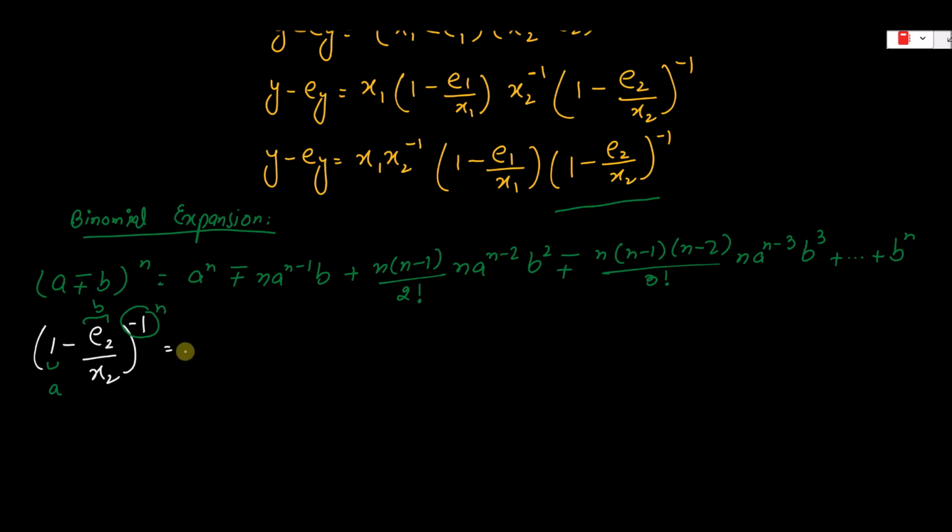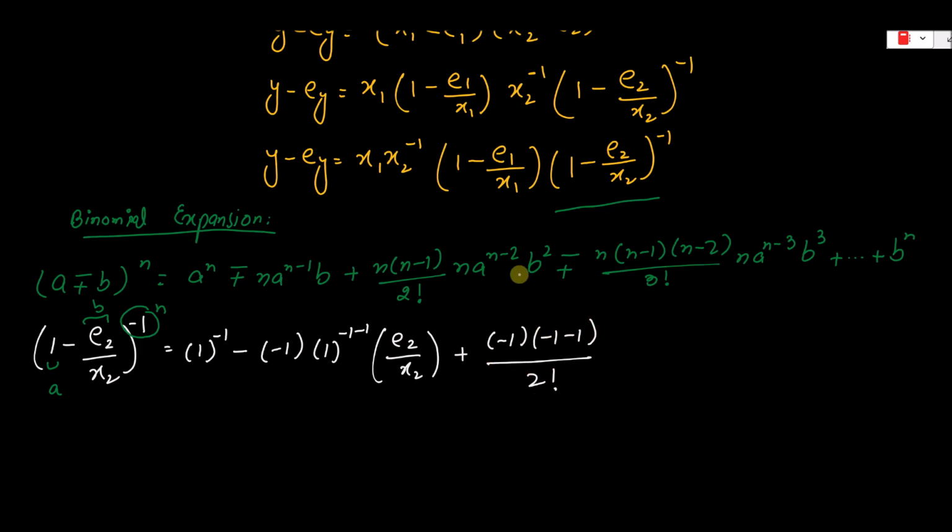So when we are expanding it, it should be 1 to the power negative 1, then negative, then we have negative 1, and for b we have E2 over x2. In the next term we have plus negative 1, negative 1 and negative 1 in brackets, by 2 factorial. Then we have n which is negative 1, and then a, that is 1, so negative 1 and negative 2 in the exponent part, and then you have E2 by x2 raised to 2.